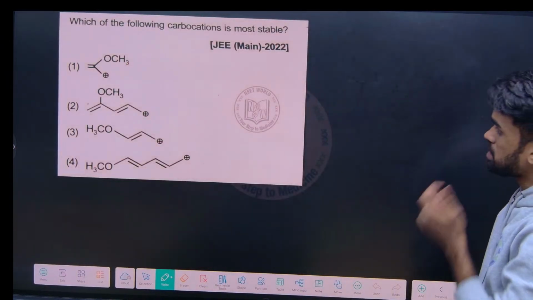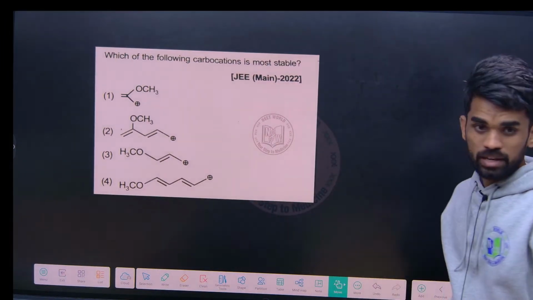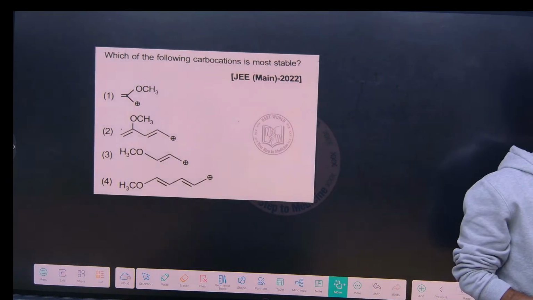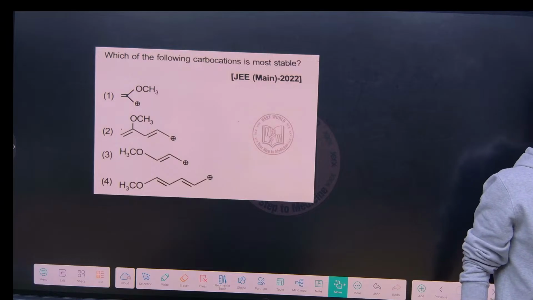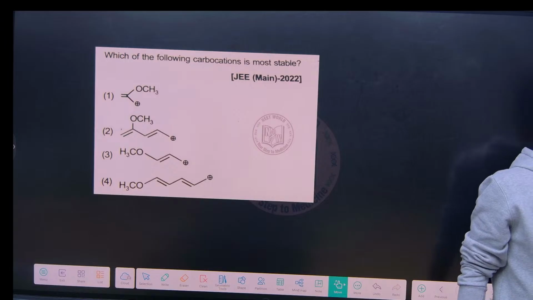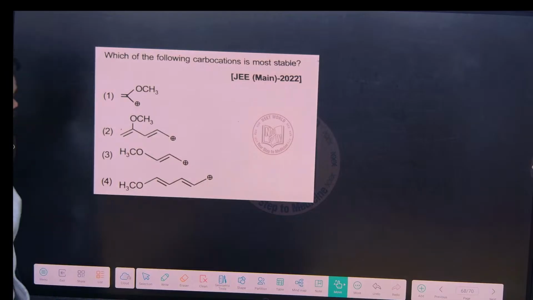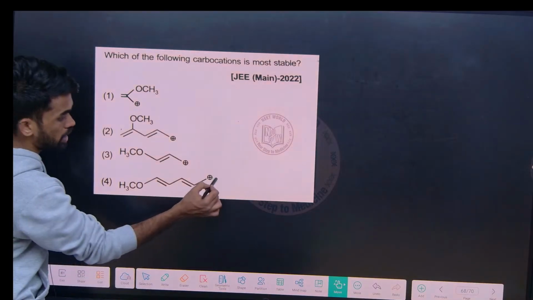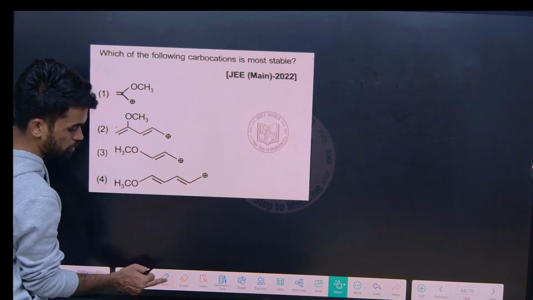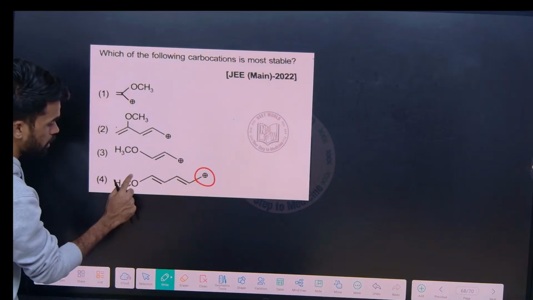Can you answer this in the same manner that we discussed in the last slide? See here how the conjugation is. Carbocation requires which type of groups to be attached? A releasing group should be there. So what do we have here?